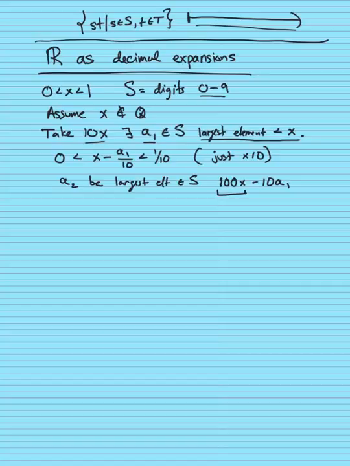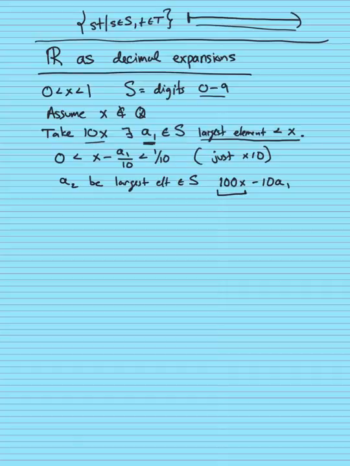Let's say it's around 54 or something, right? Then your A1 that you would have gotten by multiplying by 10, so if 100X is around 54, then 10X would be around 5.4, and so A1 would be 5. And then you're taking your thing, which is around 54, and subtracting 50. Now you're again between 0 and 10.